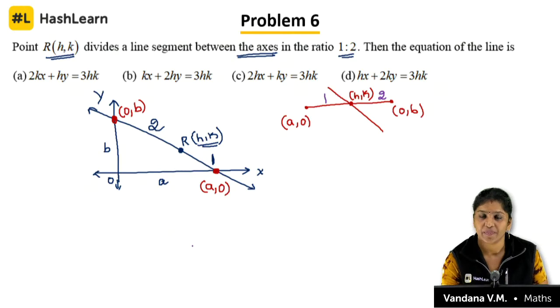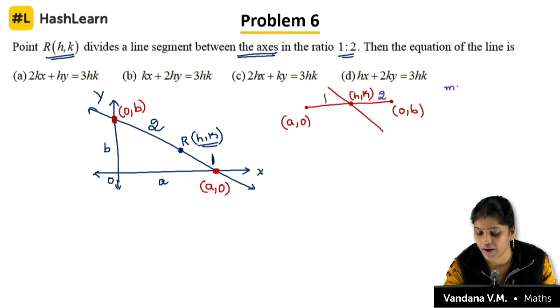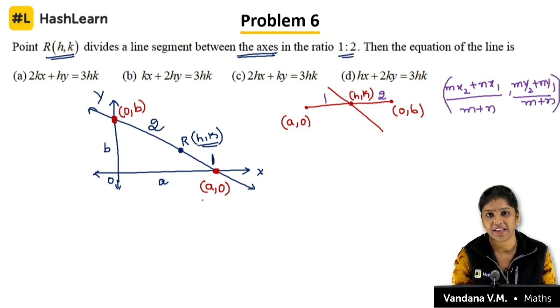So what is the formula? mx2 plus nx1, we know that, right? The point is mx2 plus nx1 divided by m plus n, my2 plus ny1 divided by m plus n. You just apply that formula.